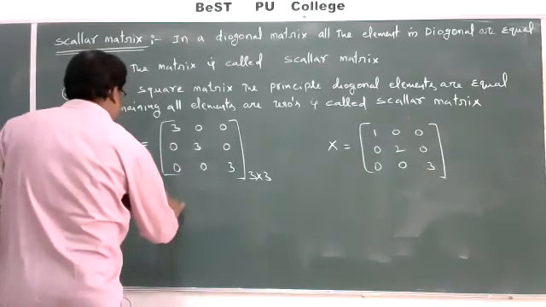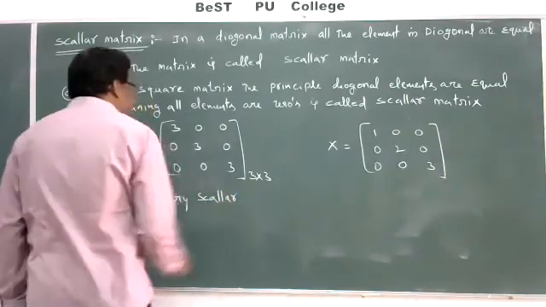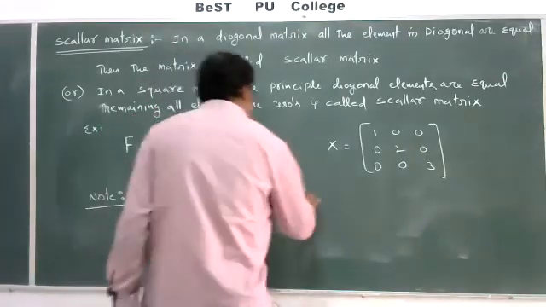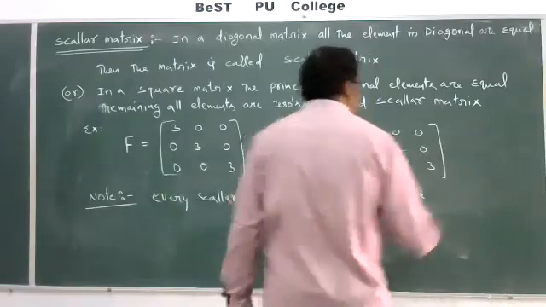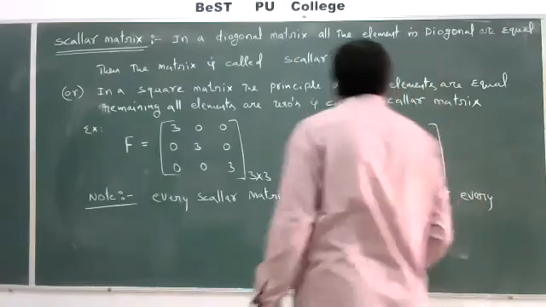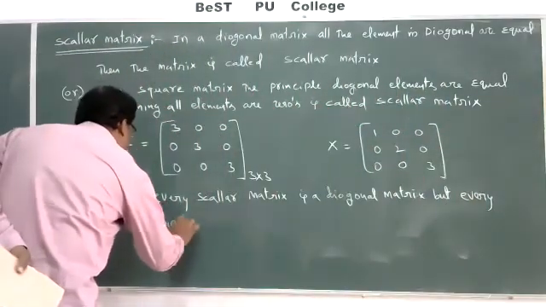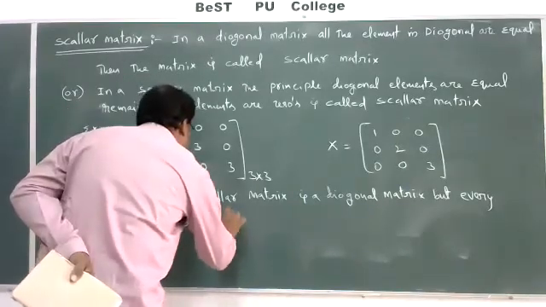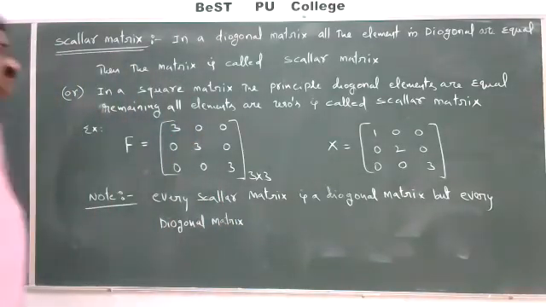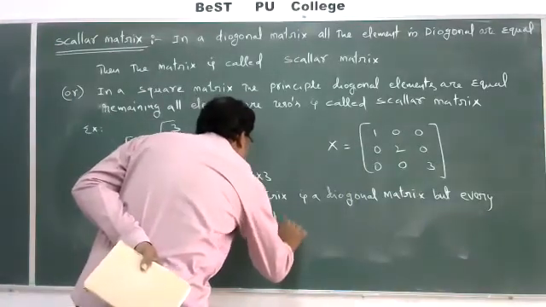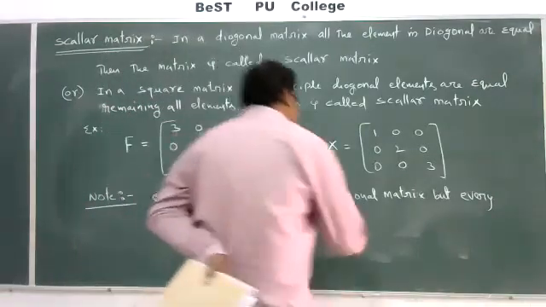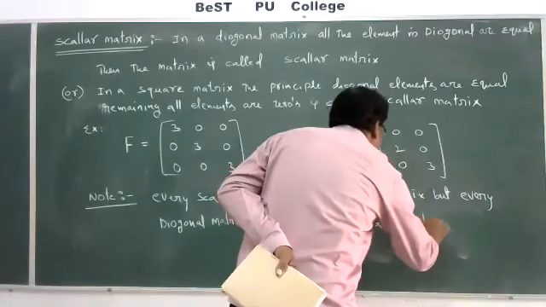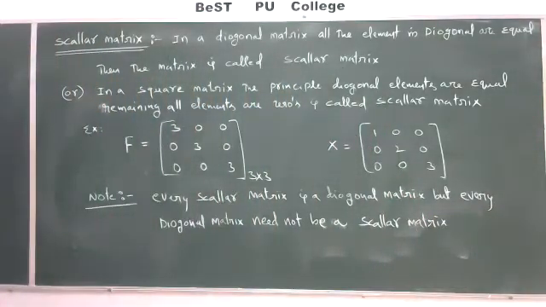Every scalar matrix is a diagonal matrix, but every diagonal matrix need not be a scalar matrix.